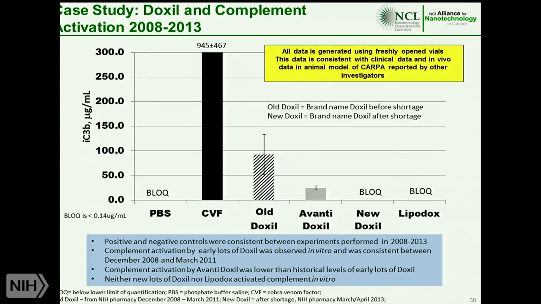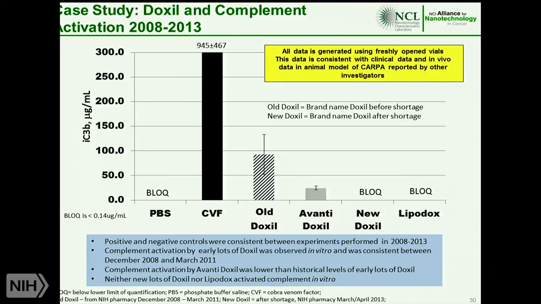However, when we look at the complement activation, we do see the difference. The old Doxil is reactive with complement. In fact, we used this material as a positive control in our complement activation studies. But the new Doxil and the Lipodox do not have this toxicity. And this data is in agreement with in vivo clinical data and data in an animal model of CARPA.